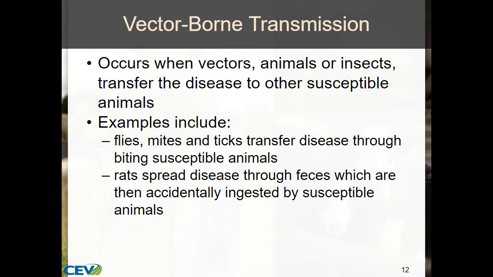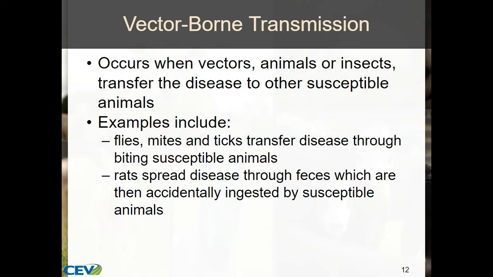They don't get sick from it, but when they bite someone, they inject the malaria pathogen into that person's body, and then that person gets sick. Ticks, flies, mites, lots of insects carry lots of diseases inside them. They don't get sick, but the second they bite another animal, they can transfer that disease. Often it's a bacteria into that animal they bit. Now that animal gets sick. That's how Lyme disease gets transmitted.